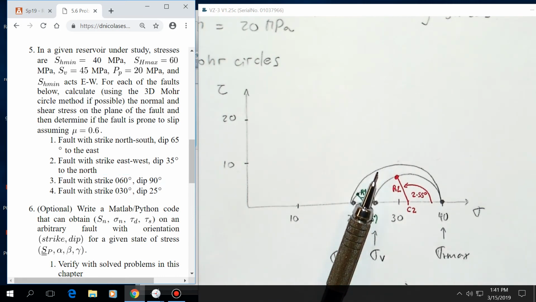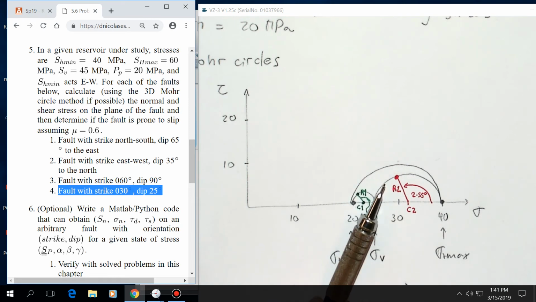The last one, though, look, it has some strike that does not coincide with the horizontal stresses, and it has a dip which is not either 90 degrees or 0. So you're not going to be able to solve that one with a Mohr circle, and it's going to be a point somewhere in between.